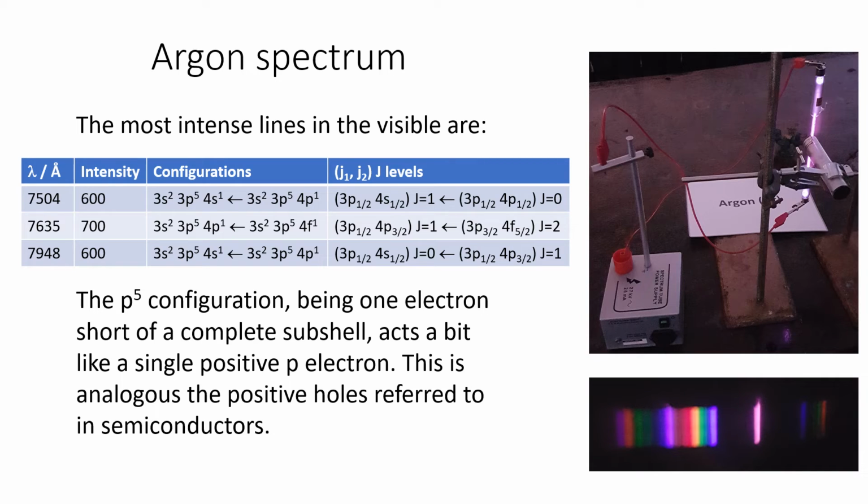Remember, we were saying last time that in the case of full subshells, all the angular momenta add up to 0. So a full subshell is kind of invisible, with no angular momentum associated with it at all.